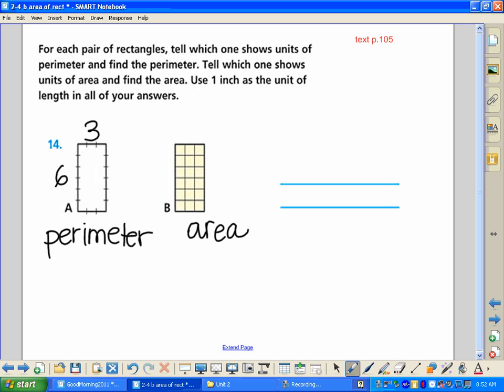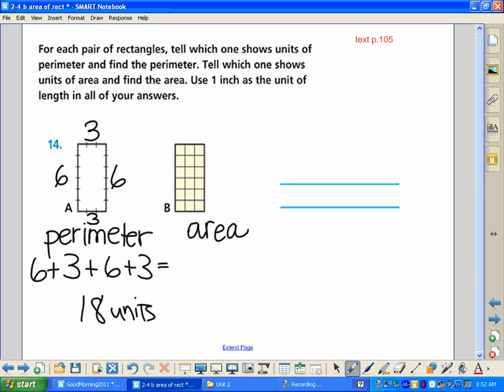So what would the opposite side be? 6. Then the 3 is opposite the bottom, so how many would the bottom be? 3. So how would I find the perimeter? 6 plus 3 plus 6 plus 3 equals 18. And then units.